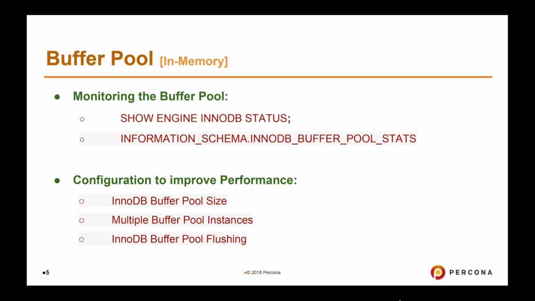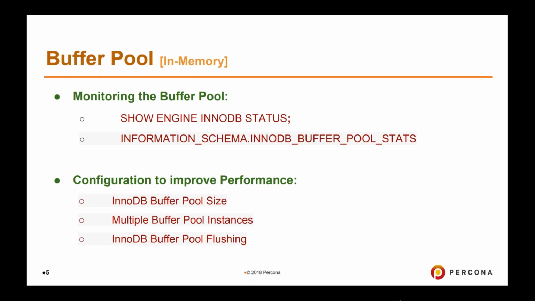If you have more than 1 gigabyte buffer pool size, you can set your buffer pool instances, so it will divide your buffer pool into pieces, in the number of instances, and that's how it will handle the concurrent requests very efficiently. That is the second thing, how we can improve our performance by changing the buffer pool.